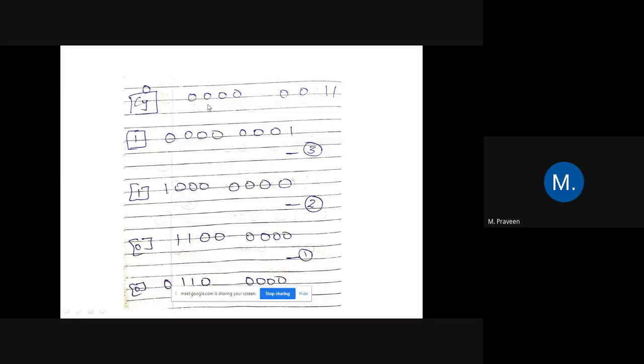After RAR, the new value of the accumulator is 00000001. Very simple: the last bit is moved to carry, and the carry value is moved to the 8th bit. So this is the first RAR.